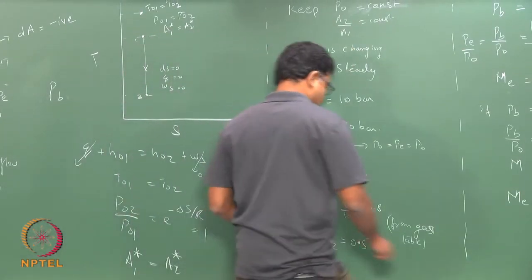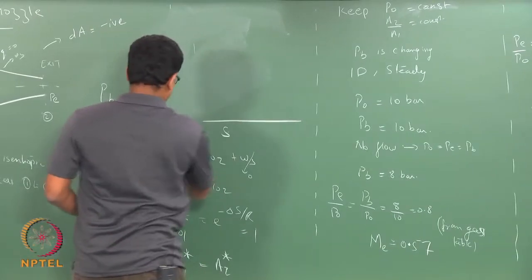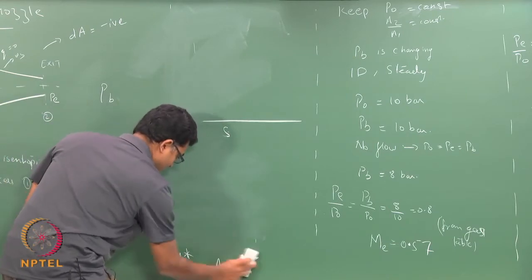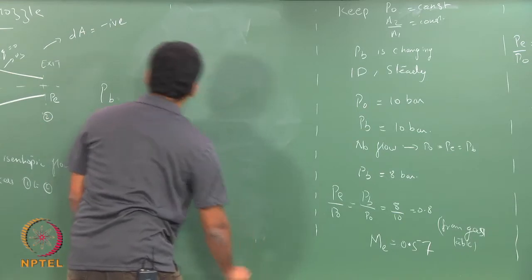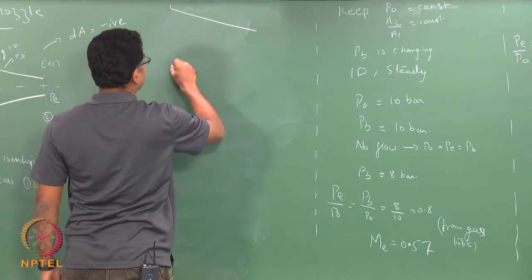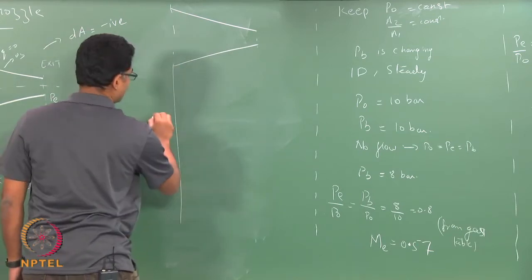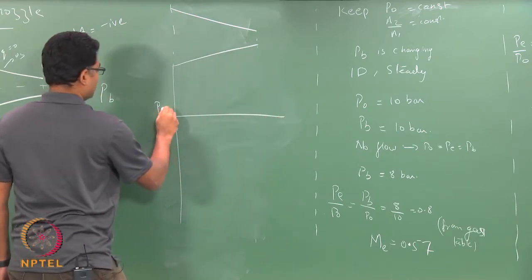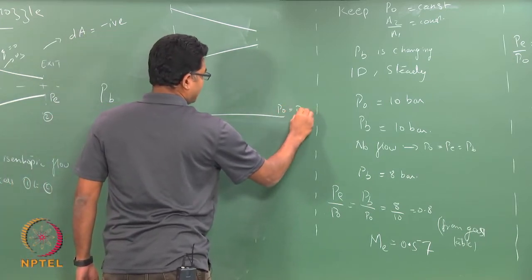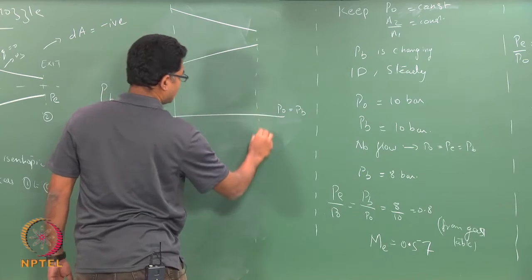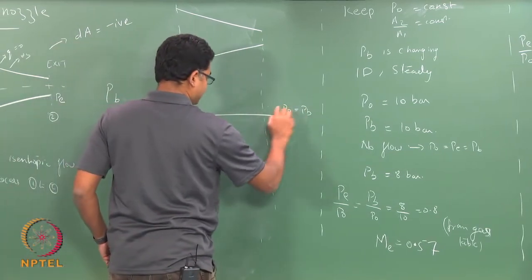So what did we do? We had the nozzle here. If P0 equals PB, there is no flow, which is also equal to your P exit.